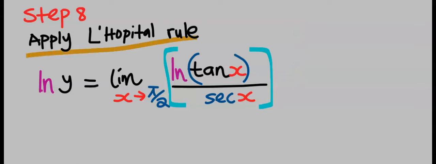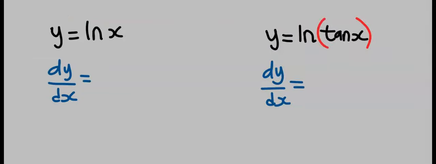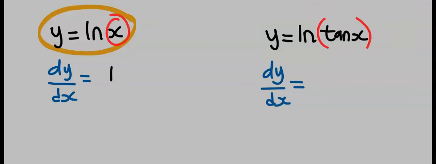That is, we are going to differentiate each of these functions separately. To apply L'Hopital's rule, let's recap. If you're given y equal to ln x to find dy/dx, your answer will be, first you need to differentiate the ln x, and your answer is 1. Next, you will now recopy back this x to the denominator.